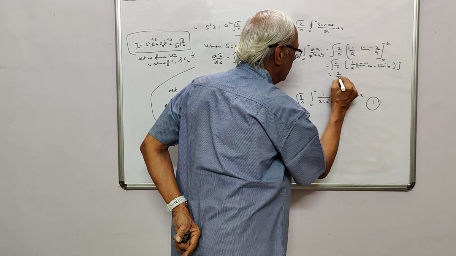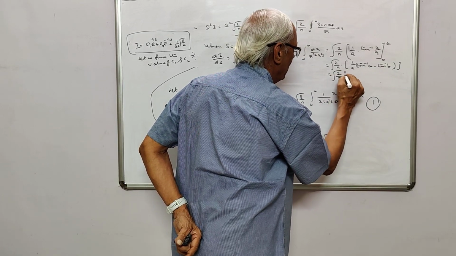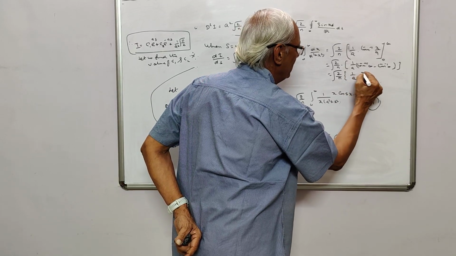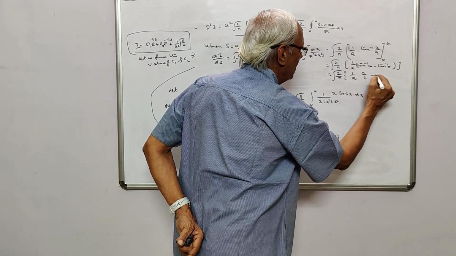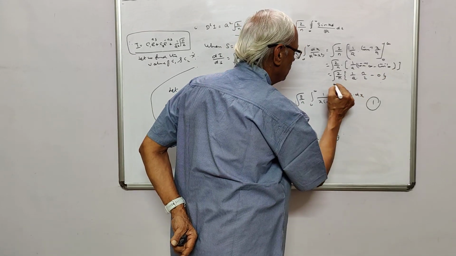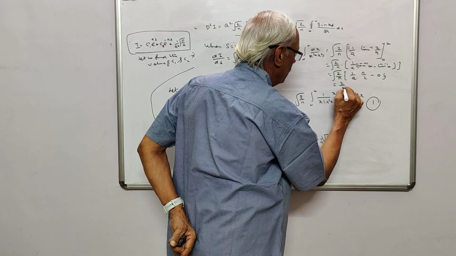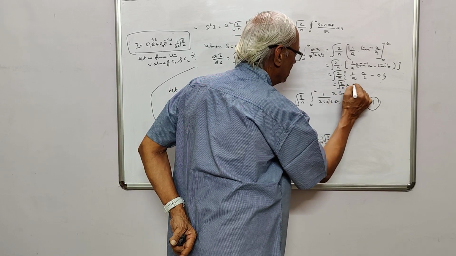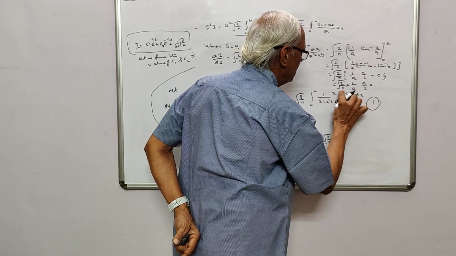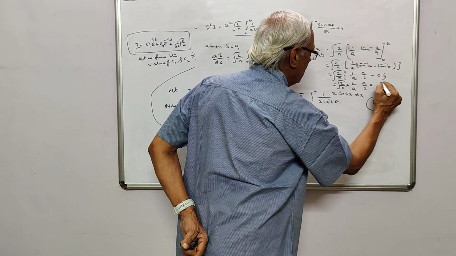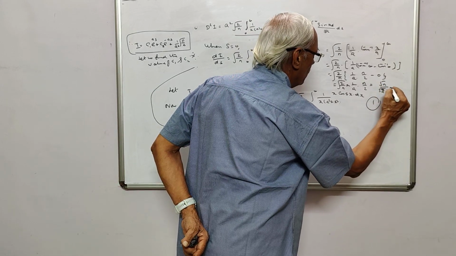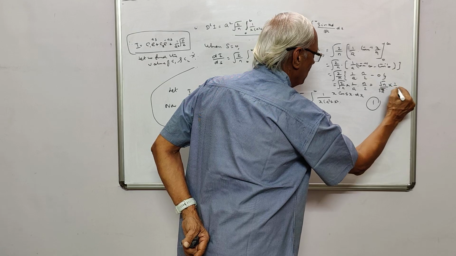So this is what you will get. But this is equal to square root of 2 by pi into 1 by a into tan minus 1 of infinity is pi by 2, and this is 0. Can you understand? So this will be equal to square root of 2 by pi into 1 by a into pi by 2. So this pi and this pi will go off, giving you square root of pi into square root of 2 into 1 by a.